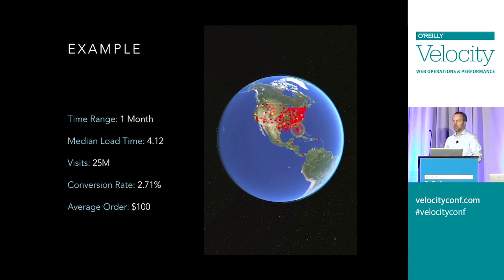And the other thing that you can collect with real user measurement, in addition to all the performance information, is whether they stay on your site, whether they convert. You can also collect information like, if they convert, how much money did they spend? Or just, in this case, what is the typical order? What's the average value of an order? So average order value in this example case is $100.